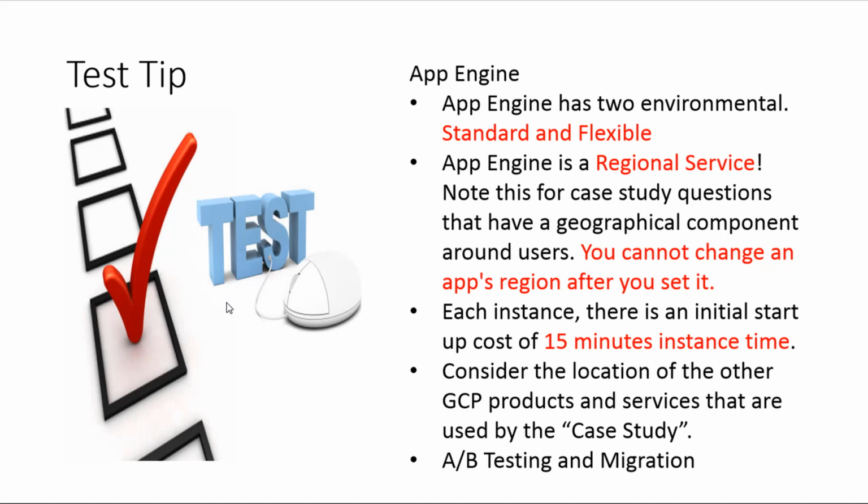For example, if we deploy App Engine, one of the things you're going to want to think about is the region that we deploy it in, but also what about the other services we deploy with App Engine? Do we want to have those services in the same region? For example, Cloud SQL, Cloud Data Store. Some services are global, some are more regional than others. Cloud storage. And then we absolutely want to know A/B testing and migration as well. Let's move on.